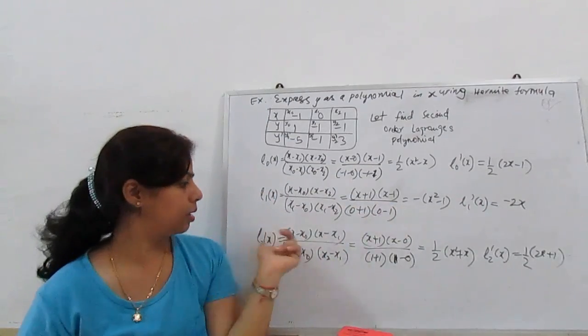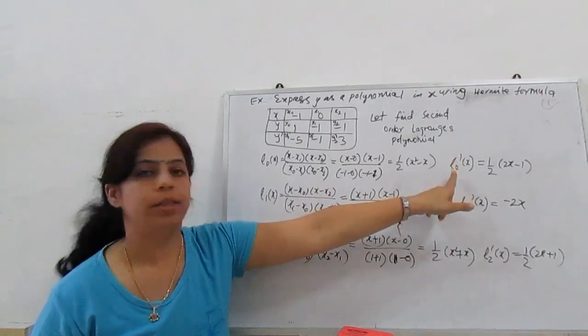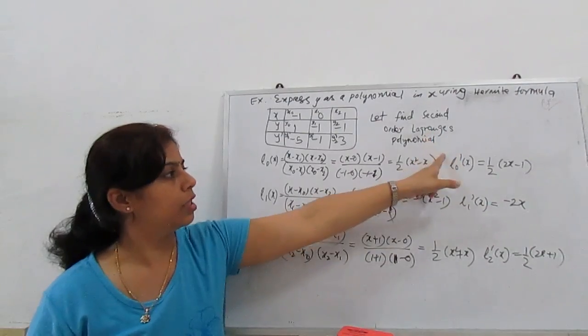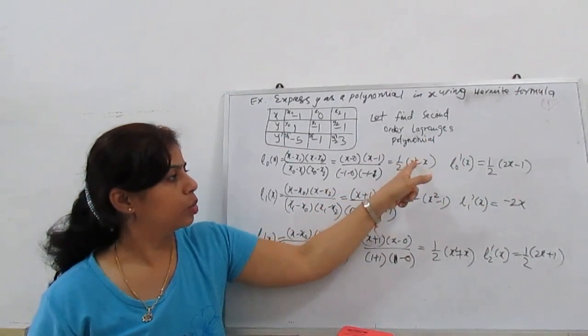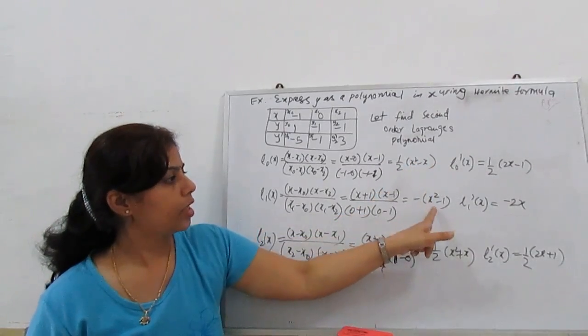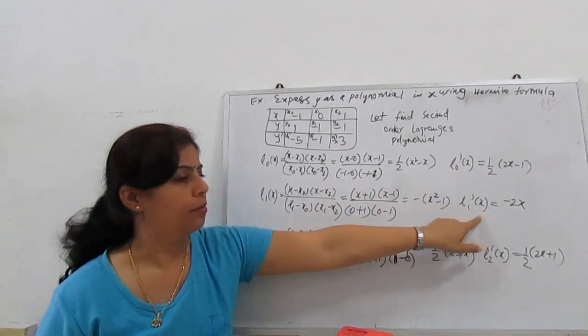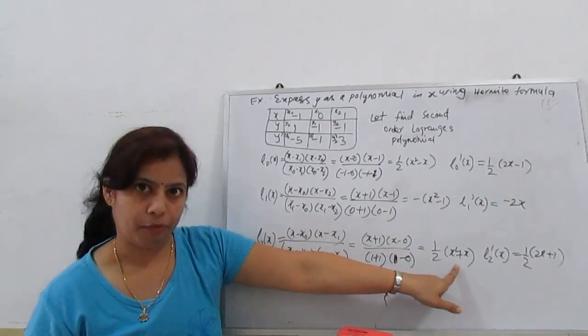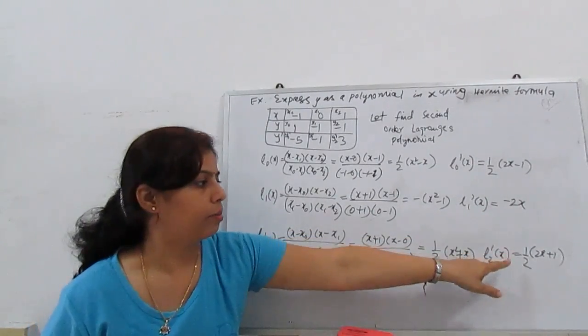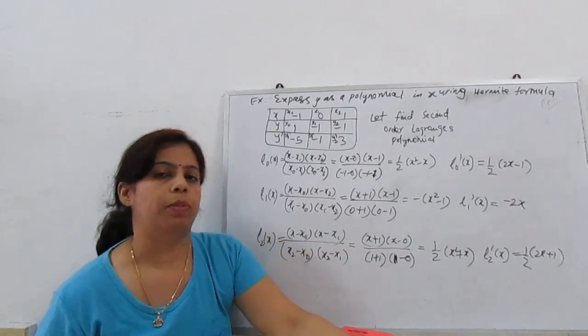Similarly L1, similarly L2. Then the L0 first order derivative, meaning d by dx of L0x, we have to derive. 1 by 2, it becomes 2x minus 1. Similarly when we derive this, we will get L1 dash x. Similarly we take the first order derivative of this, given by 1 by 2, 2x plus 1.